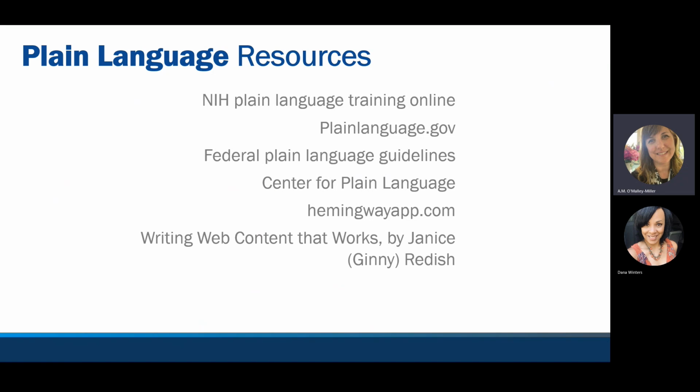Obviously, you wouldn't want to do that with any personal health information or personal identifying information. But if you wanted to put some of your words in the Hemingway app and hit, I think you just hit a button and it simplifies the language and turns it into plain language. But there's other things out there. And then as you practice, it becomes more and more natural.